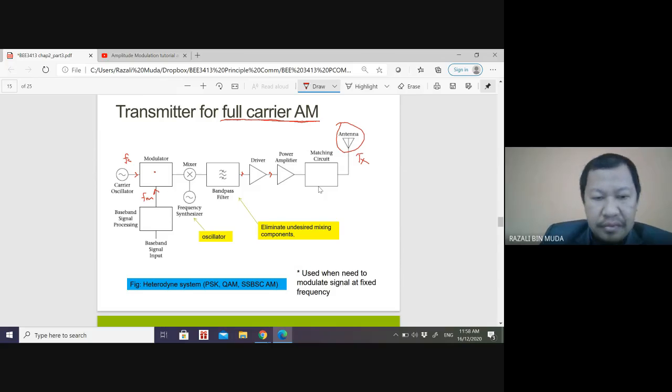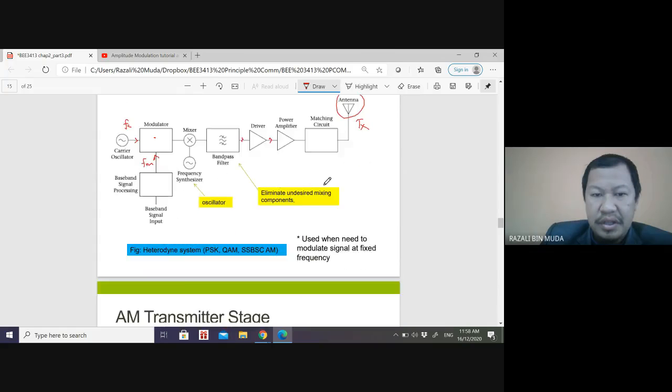Okay, this is the heterodyne system for PSK, QAM, SSB, AM. Okay, this is used when you need to modulate a signal at a fixed frequency.